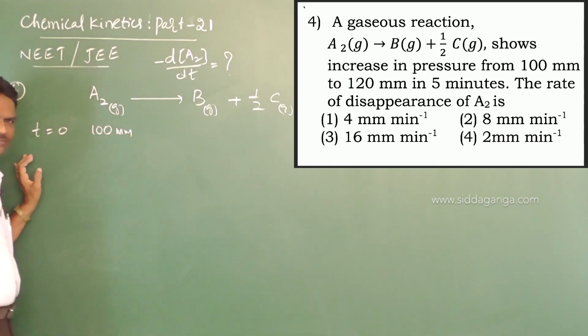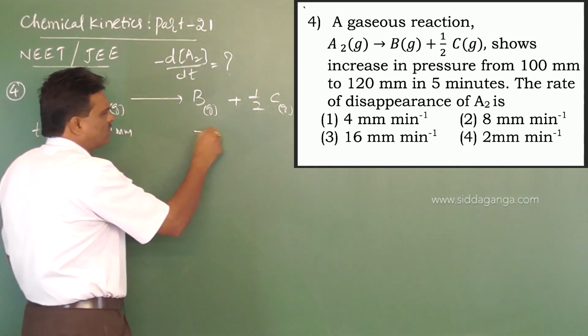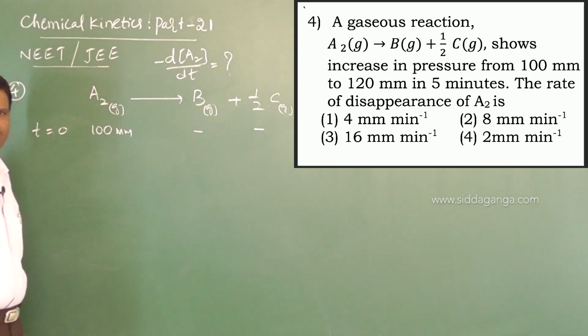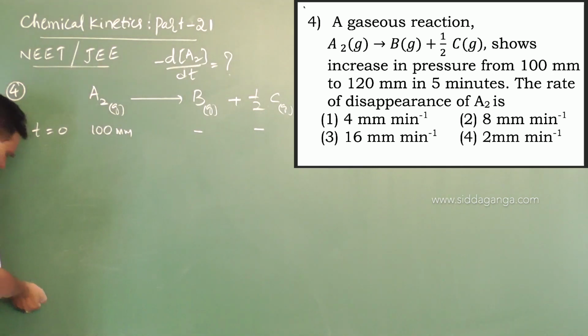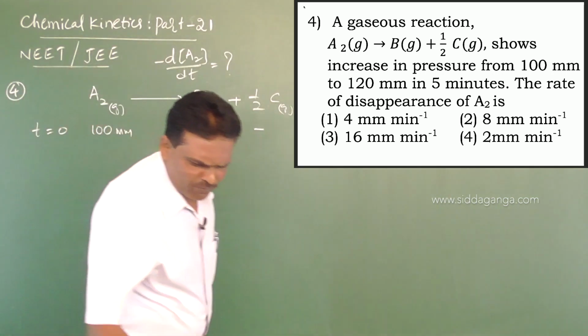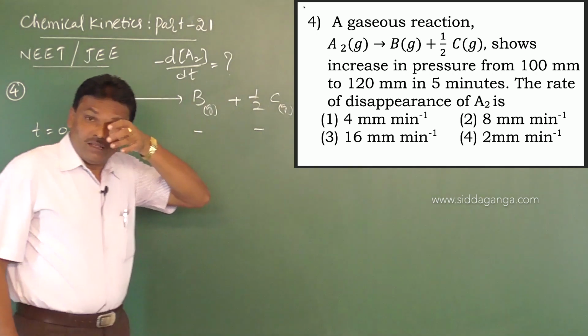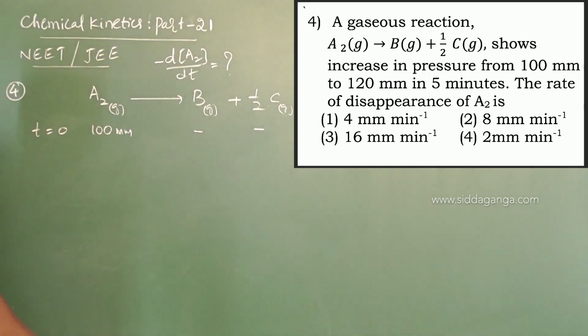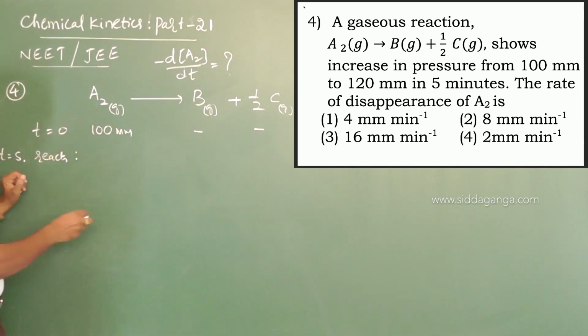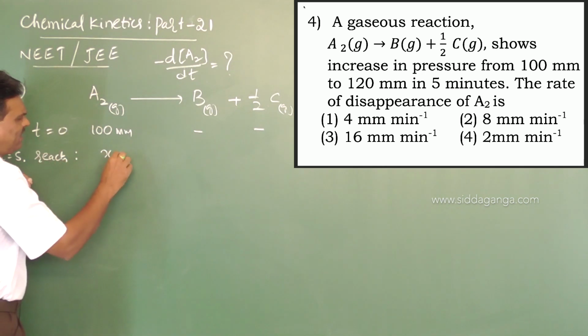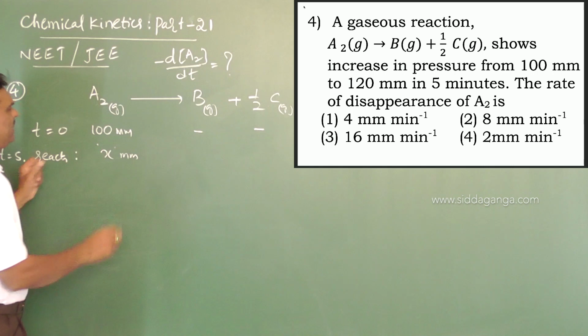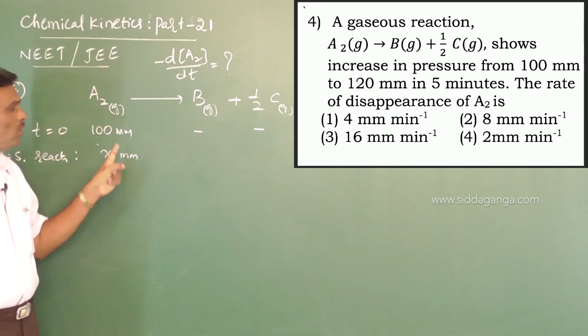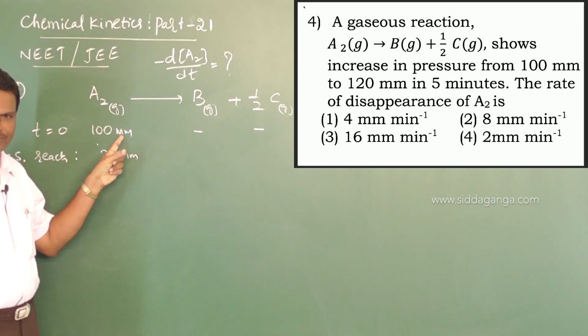After 5 minutes, what amount of A2 reacts? Say X millimeter of A2 decreases out of 100 millimeter of mercury.